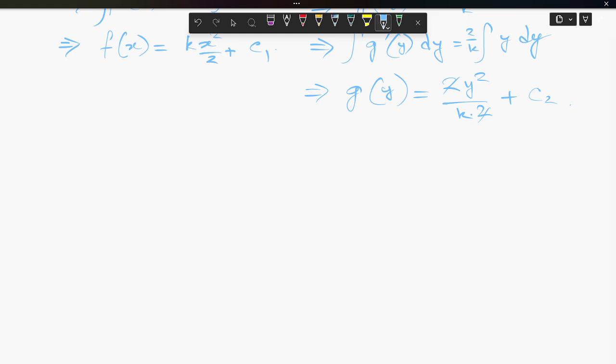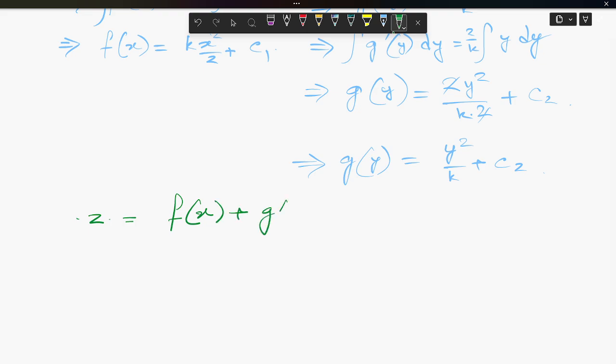So g of y will be y square upon k plus c2. So what is our z now? That is equal to f of x plus g of y, so that will be kx square upon 2 plus y square upon k, plus c1 plus c2.